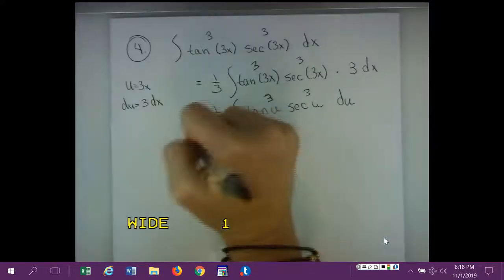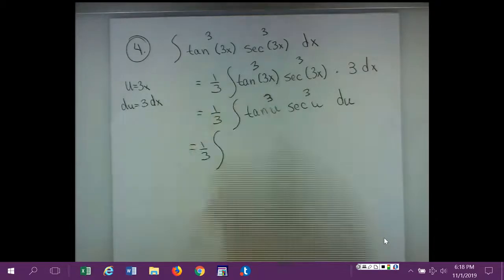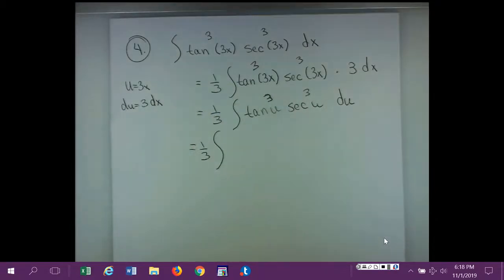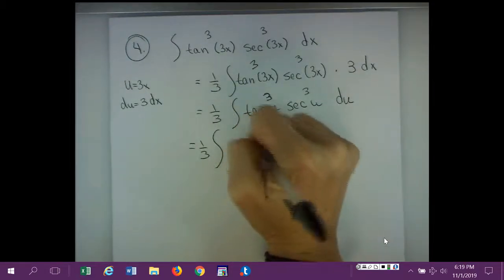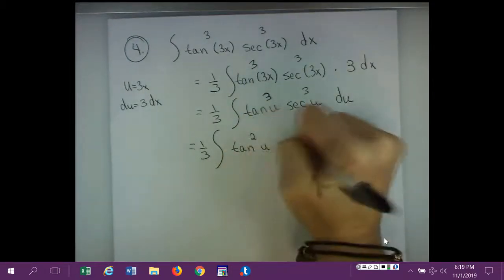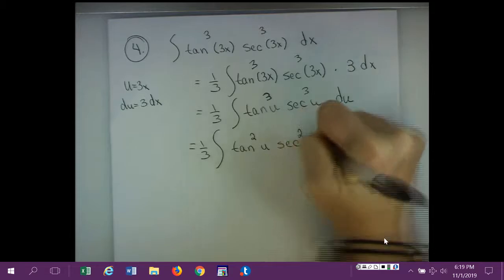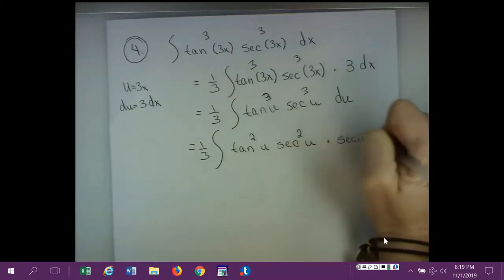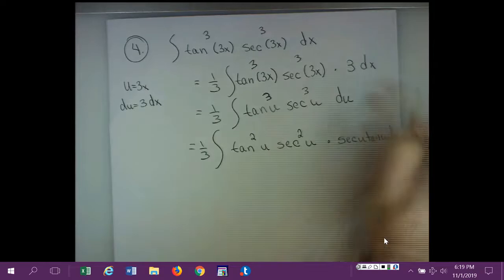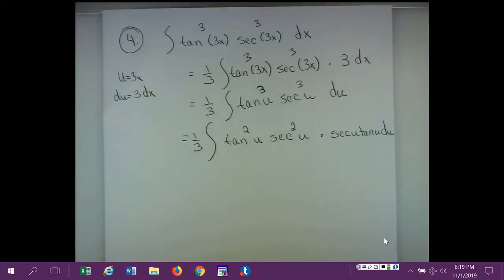So it says split off a factor of secant x tangent x, but we're going to split off a factor of secant u tangent u instead. Sorry about squeezing the du in there at the end.